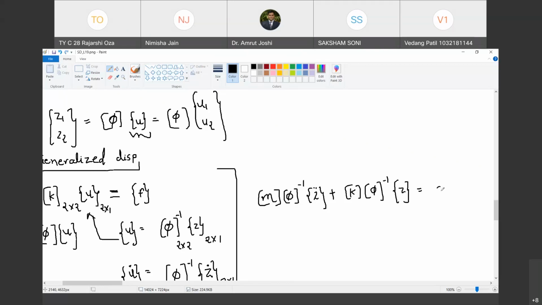This must be equal to phi inverse F. Do you agree with me?